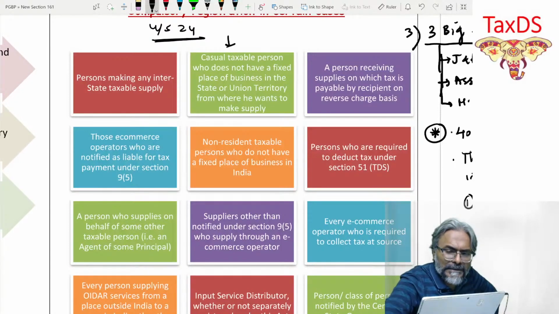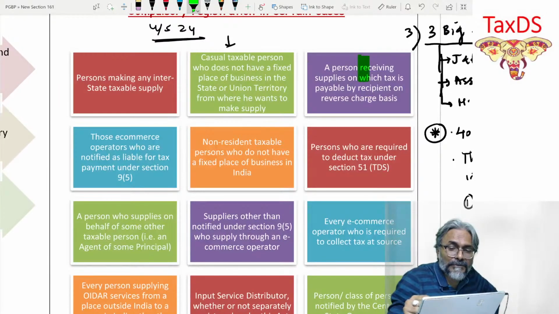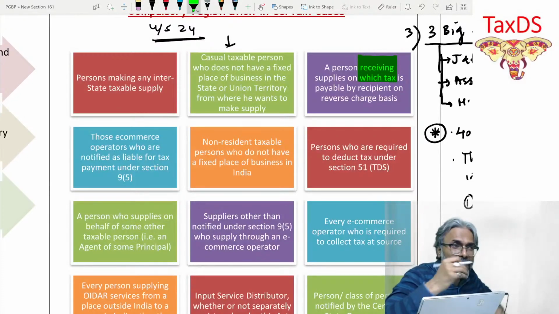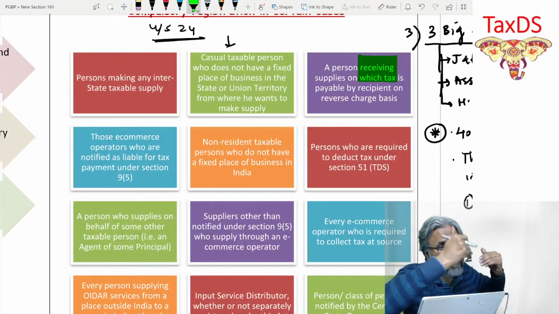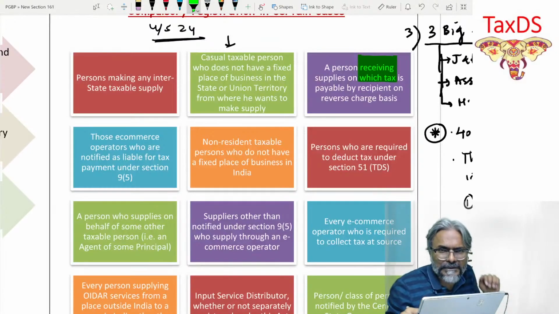Now the next one, students, is about a person receiving supplies on which tax is payable by the recipient under the RCM. A person receiving supply, students. So this is not for the supplier, because the supplier will not have to pay any GST. This is for the recipient. Now for the purpose of paying the GST liability, I need to get myself registered, students.